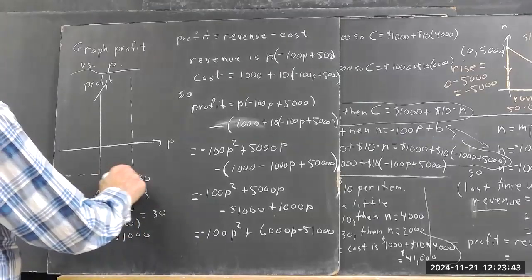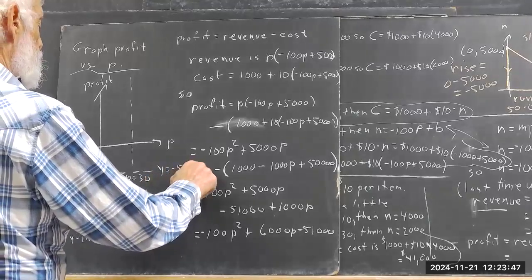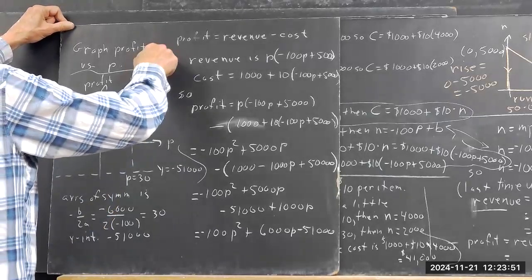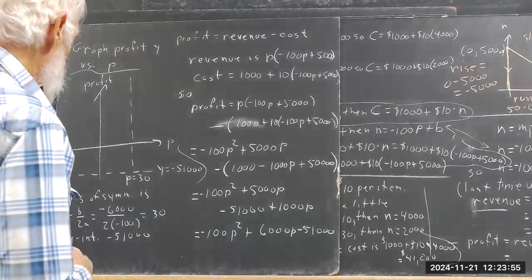So that's down here somewhere. I'm using Y. We'll call Y the profit because we're using P for the price. Y is negative 51,000.